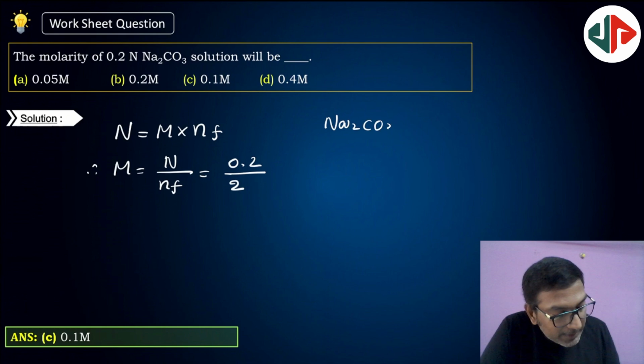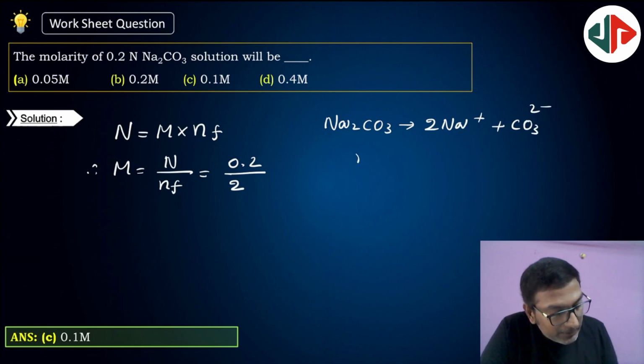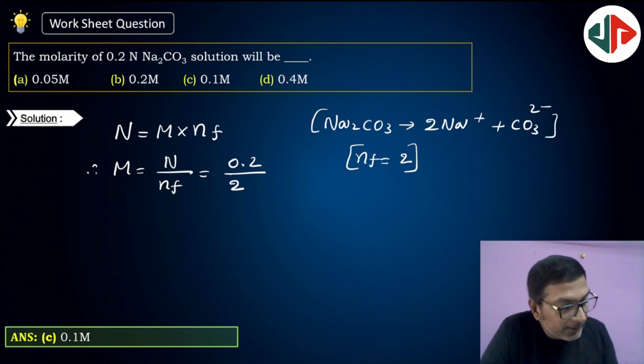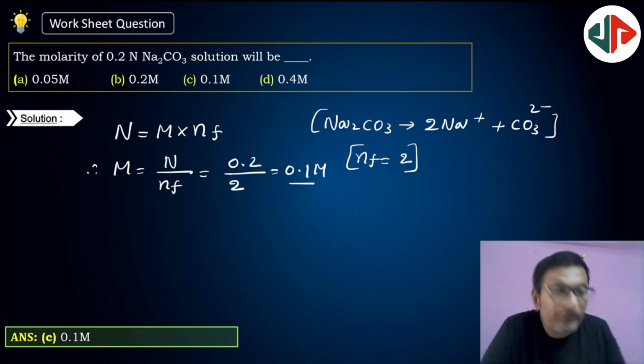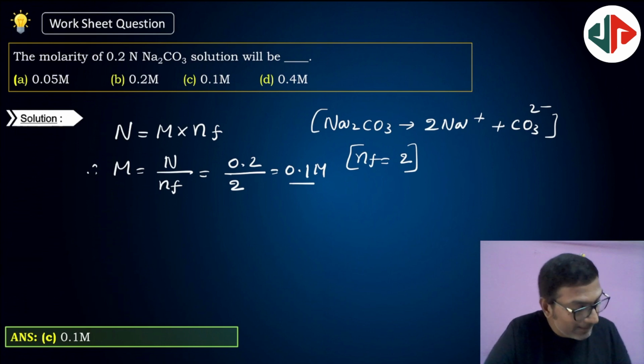For Na2CO3, 2 Na+ and CO3 2-, so n factor is 2 for Na2CO3. Therefore 0.1 molar. So option C.